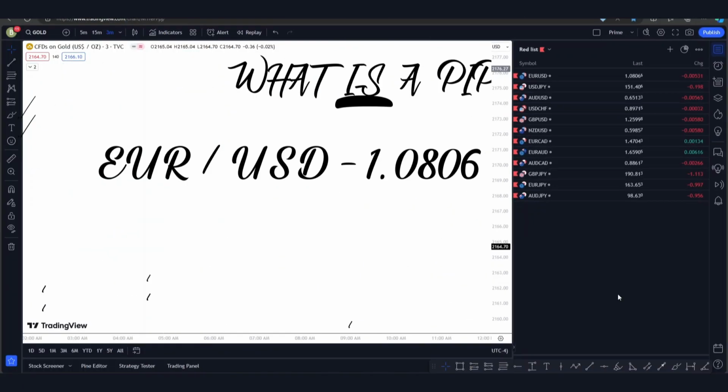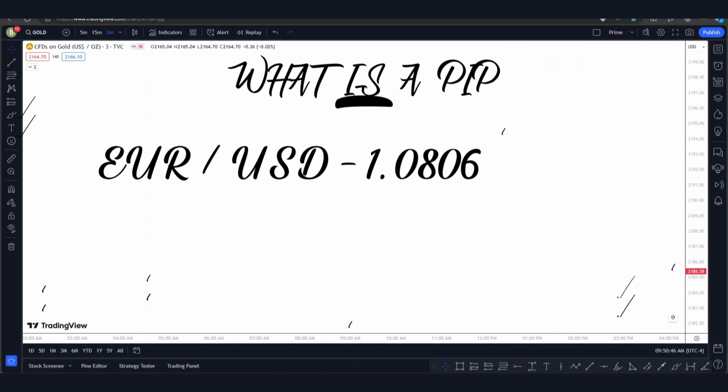That's actually the fractional pip, and we're not going to talk about that. What you need to understand is that the way you identify a pip is the fourth place away from the decimal, the fourth decimal number, right? So if this is the decimal point, we count over 1, 2, 3, and 4. This is what we call a pip.